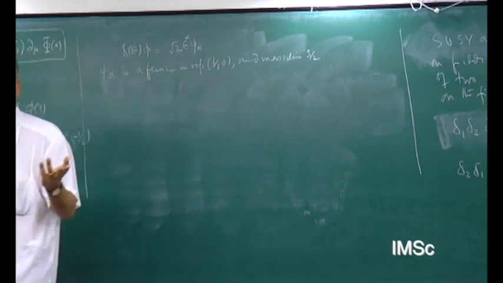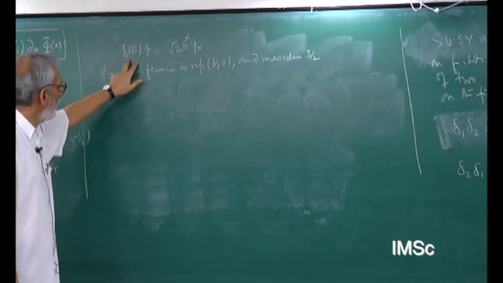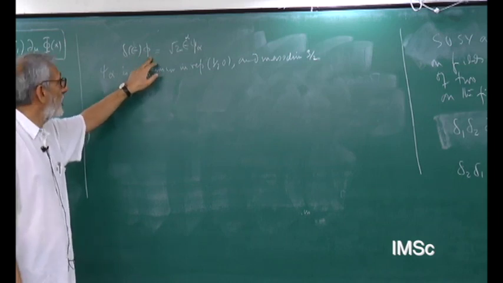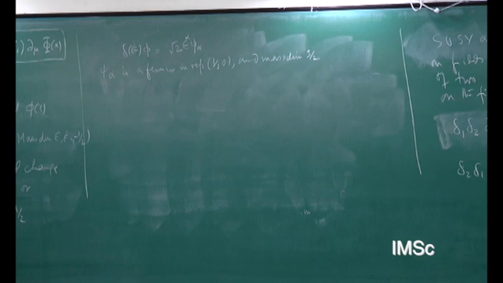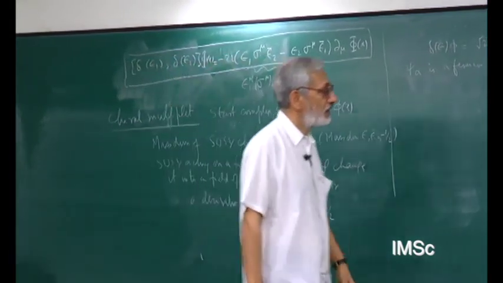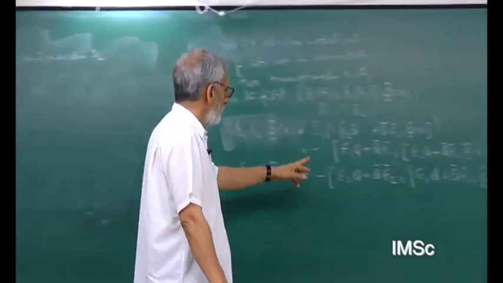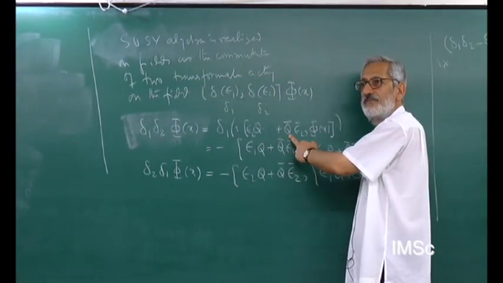So what we are talking about is a supersymmetric transformation where phi gets transformed by Q alphas, but does not get transformed by Q bars.